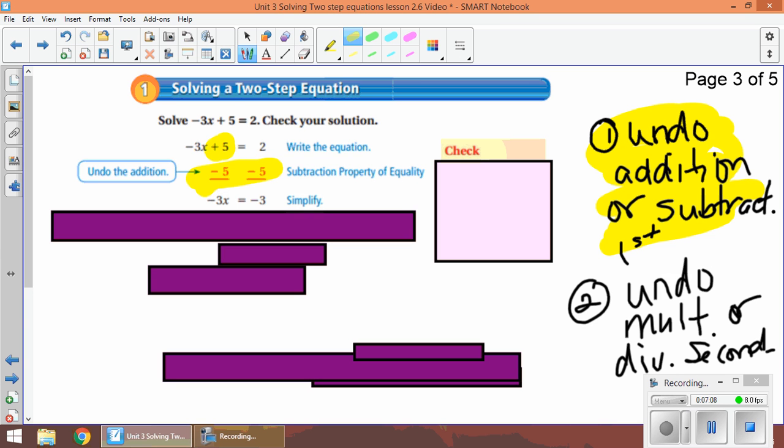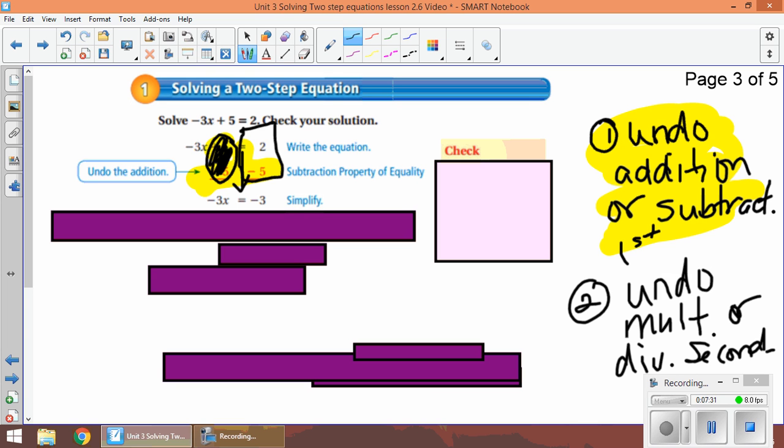Here's my equal sign. The equal sign comes straight down. On the left side, these are my 0 pairs, so say goodbye to these guys. On the left, all that's left over is negative 3x equals. And on the right, you would take your calculator and do negative 2 minus 5, which is negative 7.